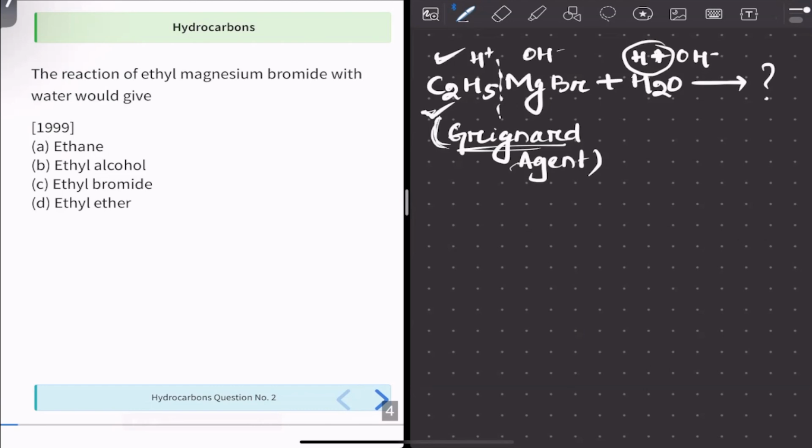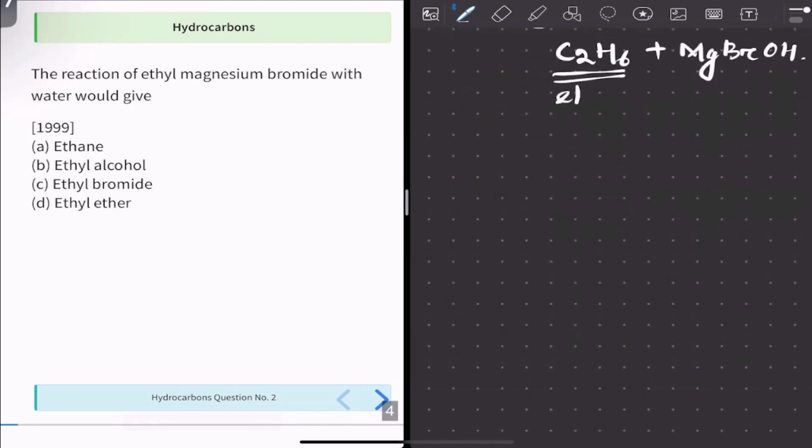So the product will be C2H6 plus MgBrOH. Okay. So the major product will be ethane. We can use this reaction as a preparation method for obtaining the alkanes. Okay. So the answer would be A.